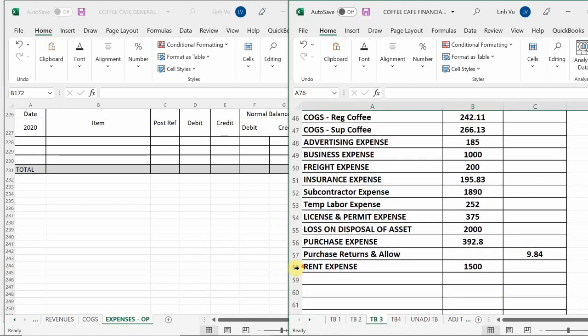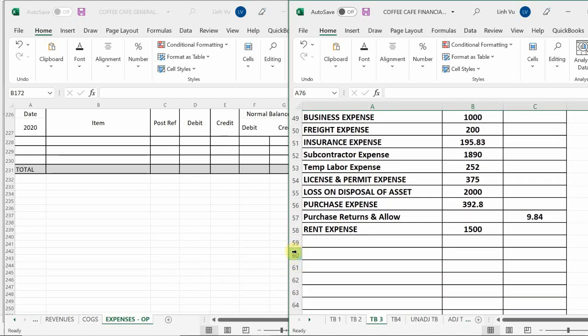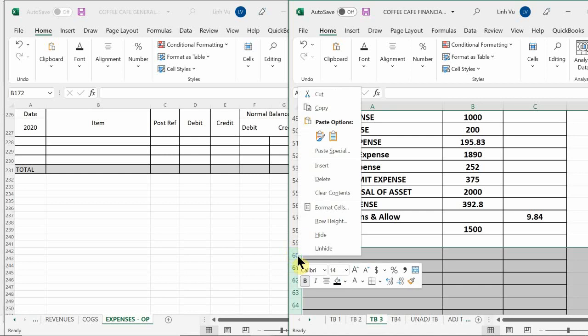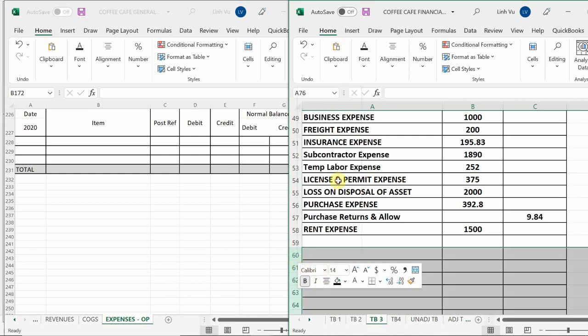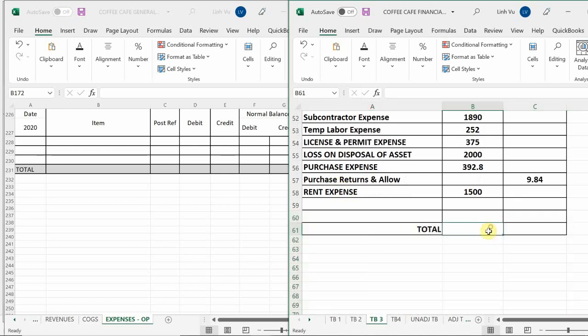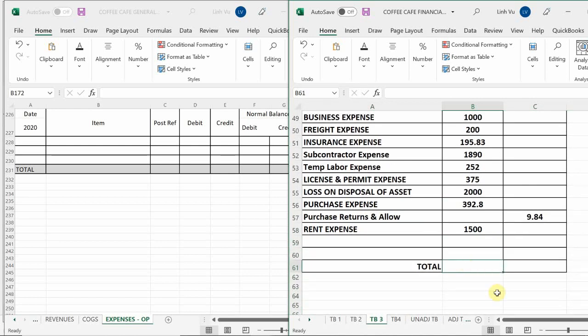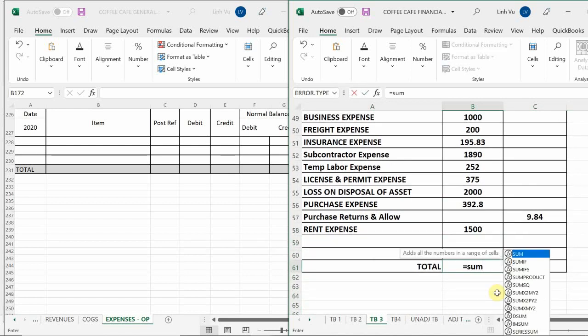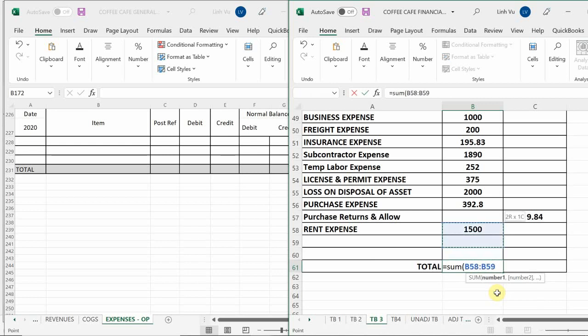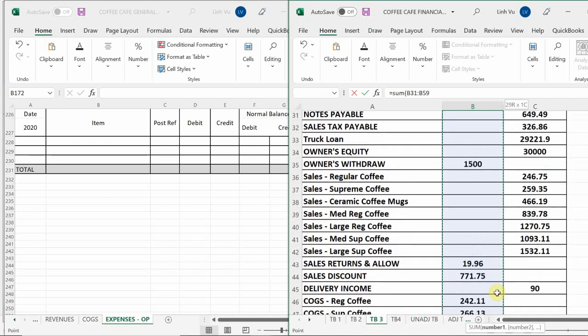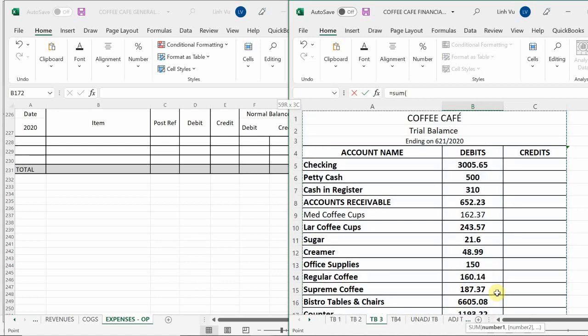So we're going to enter in our formula to test to see if they match on both ends. Okay. So I'm going to go ahead and do my equal sum formula. Okay.